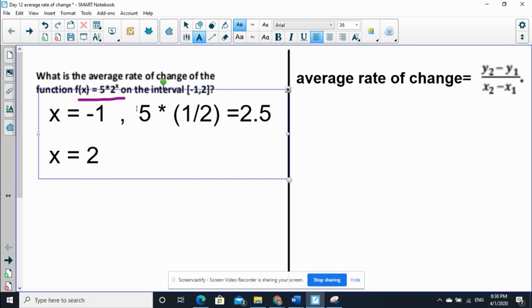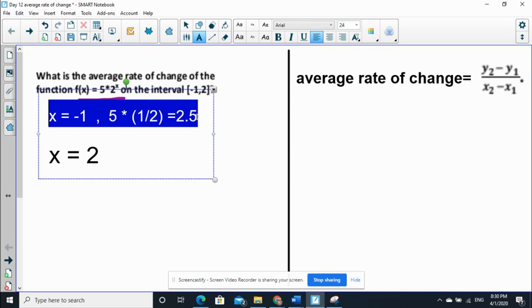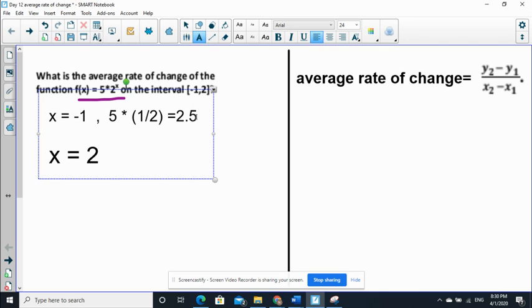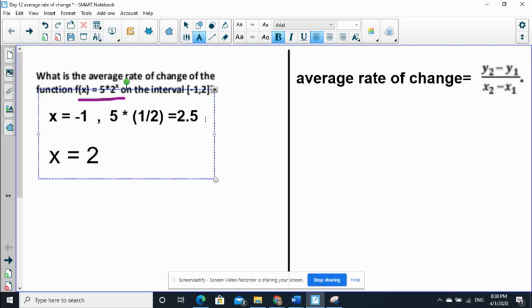That means half of 5 is 2.5. Okay. Now, when x equals -1, the function equals 2.5. That means y equals 2.5. When x is -1, y equals 2.5. So the first point that we have here is (-1, 2.5). Remember that this is the first point, okay?